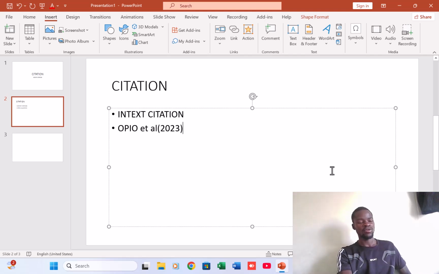Subsequent citations use the abbreviated form only. For an organization without a notified abbreviation, you mention the name of the organization and the year of publication.